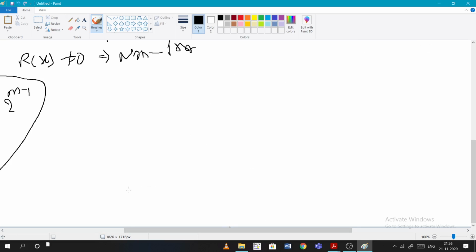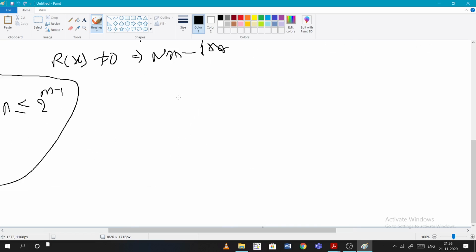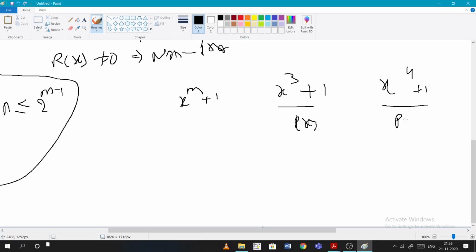So for primitive I am taking one of the combinations, that is x power m plus 1, in this example m is 3, right? So I am starting from x plus 1 divided by p of x, x cube, x power 4 plus 1 by p of x. If at least one is divisible, then we will say it is not primitive.